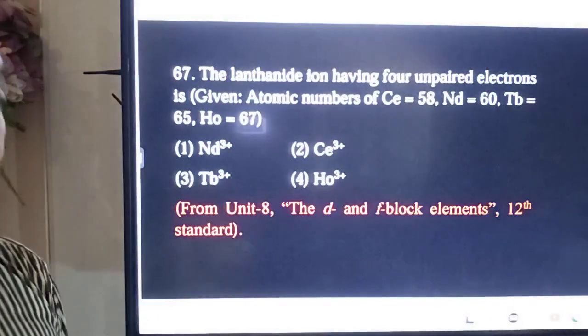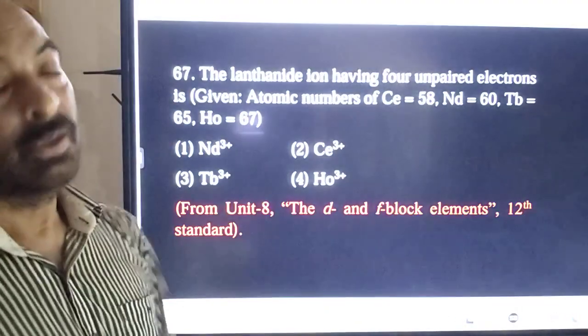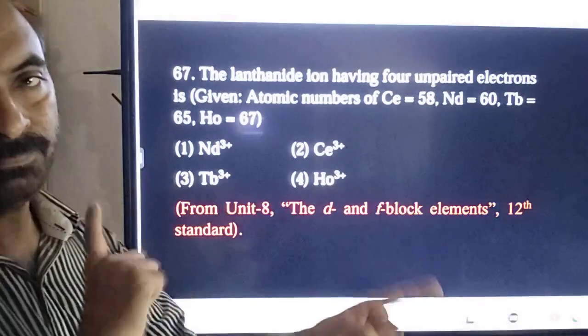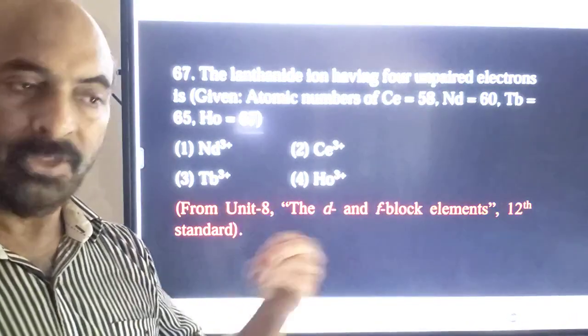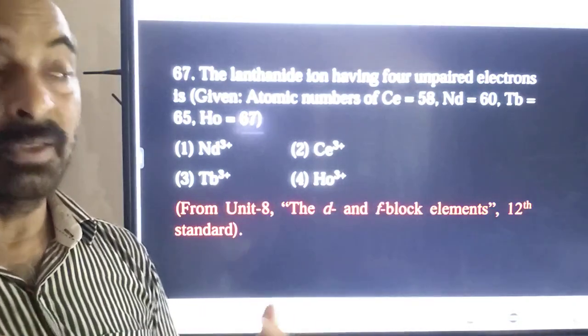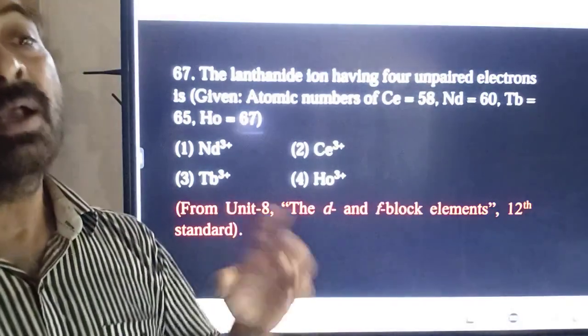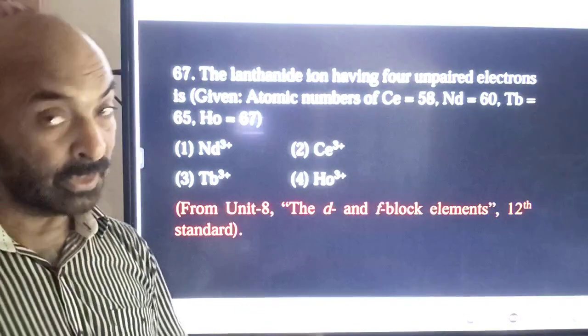Not only that, lanthanides and actinides in the respective order you have to learn by heart. Not only that, the order in which electrons get removed from them, then only you can decide what will be the present electronic configuration of various ions formed from lanthanides and actinides.